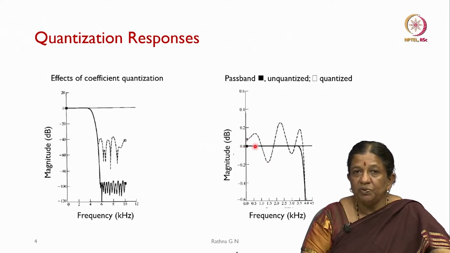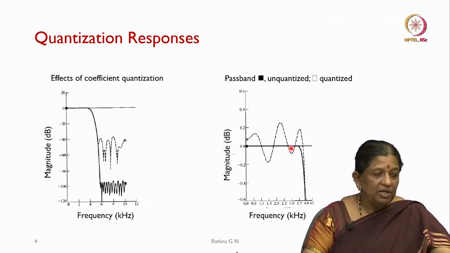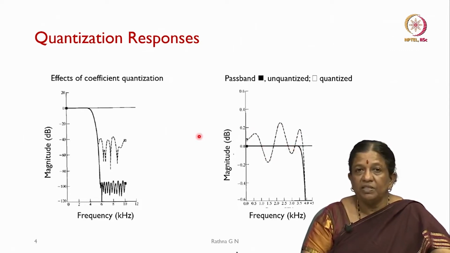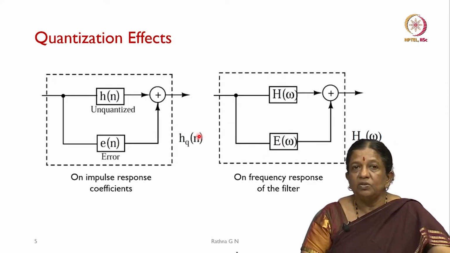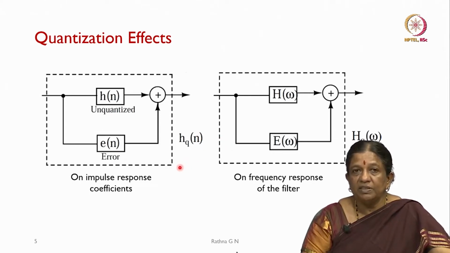Here I am supposed to get a flat response, but what is happening? There is a ripple in my passband in the representation. These are the effects one has to consider. So, what is going to happen with this quantization? We will see the effects of it.